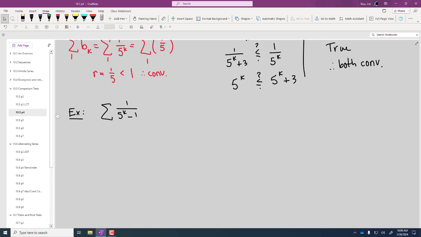Just erase the -1. So you get this, I know it was one from the last one, what's the math there? Divide by the dominant term. So we're gonna divide by 5 to the k, right? So you get 1 over 1 minus 1 over 5 to the k, which is 0.